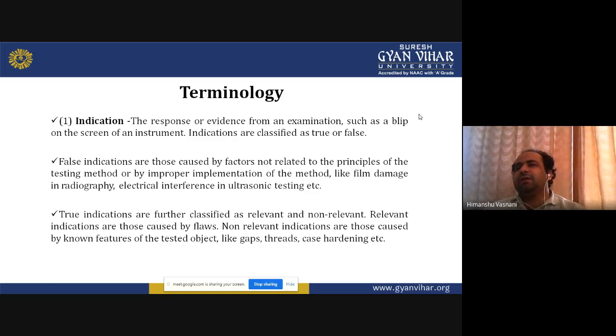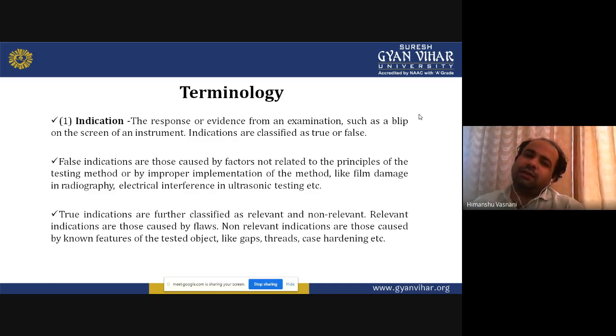Some are relevant. Relevant means if a defect is there, it will show a relevant true indication. And some indications are not showing anything. They are non-relevant, but something is getting hindered while doing testing.